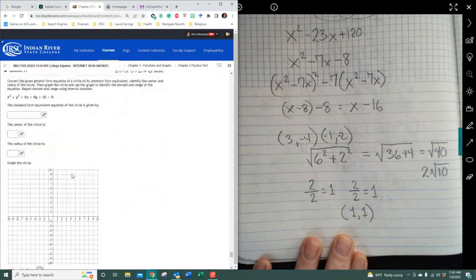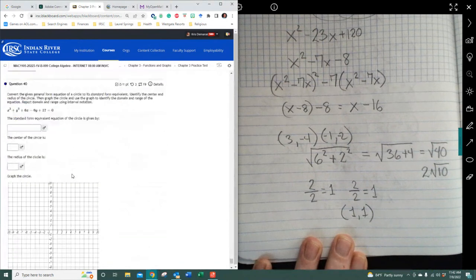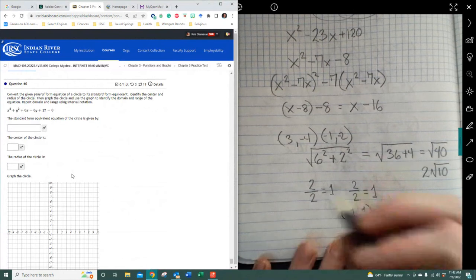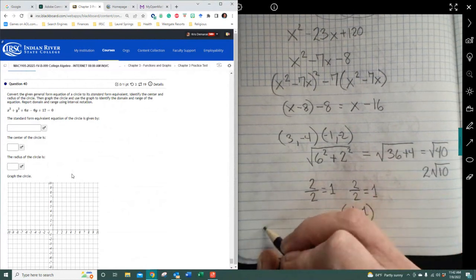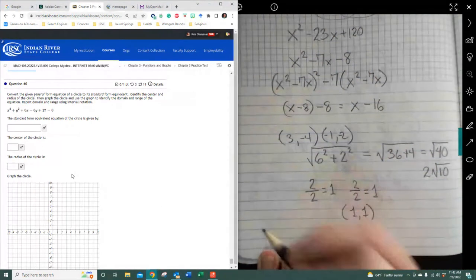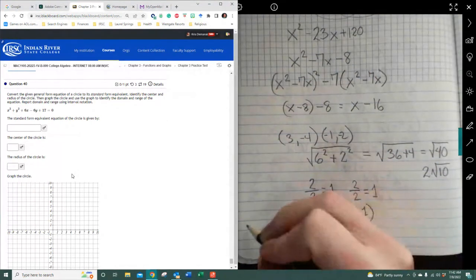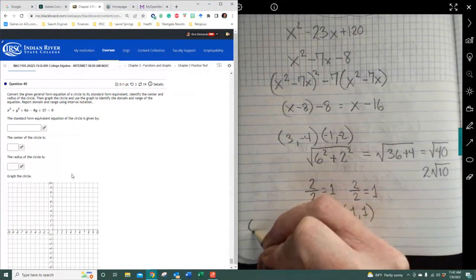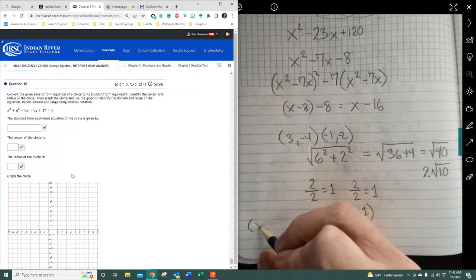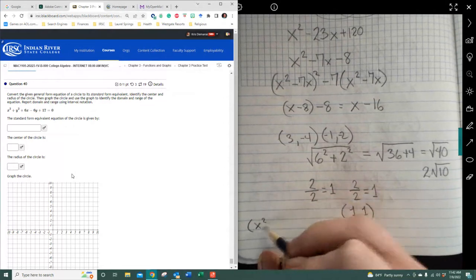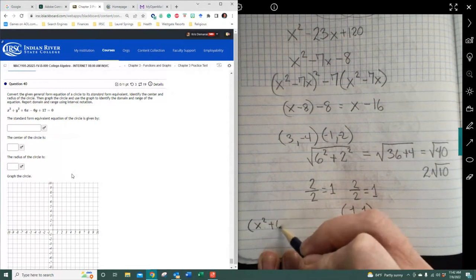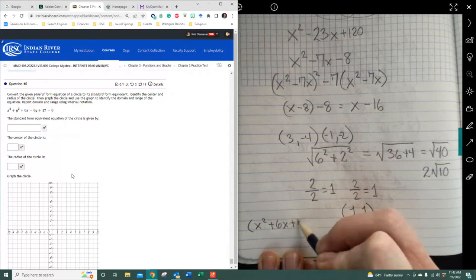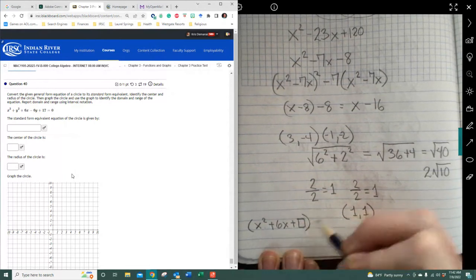All right, and the last and final question that I'm going to review with you is question number 40. What you do is you group your x's together, group your y's together, and use completing the square. So I'm going to do that with you in a couple lines here. Remember what I did in the lesson, we're going to use parentheses just to get the format that we're looking for, plus a box.